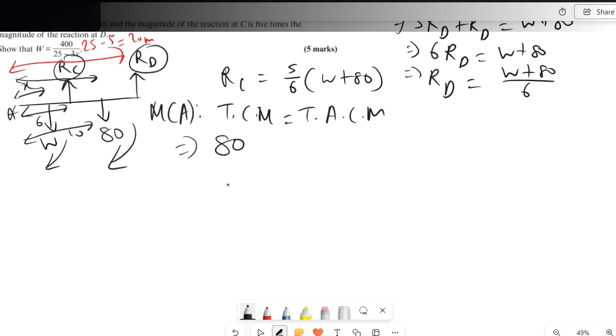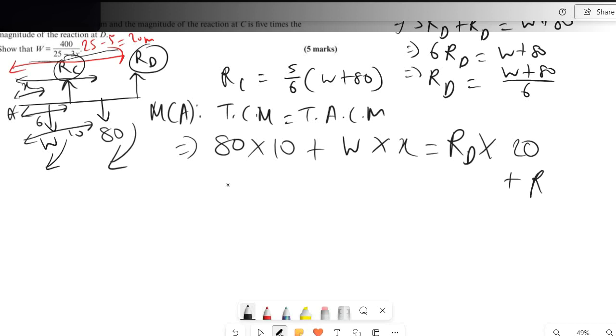So 80 multiplied with the perpendicular distance, which is 10, plus W multiplied with its perpendicular distance from the pivot, which is X, is equal to the total anti-clockwise moment, which is due to RD multiplied with 20 meters, because it is a distance of 20 meters from A, plus the reaction force at C, which is RC, multiplied with the distance 6.